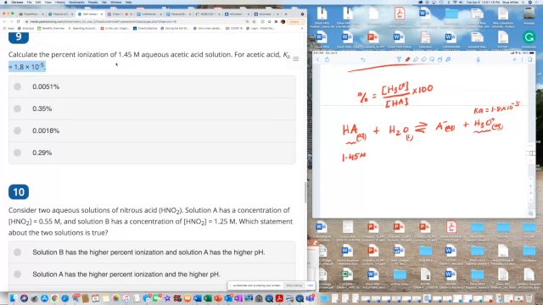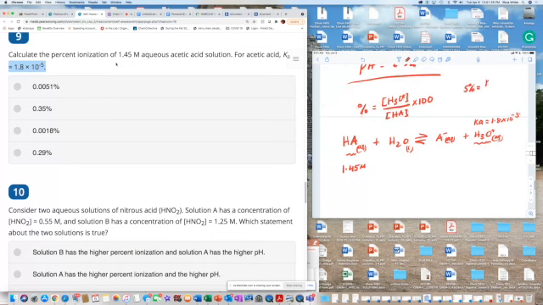Versus the 5% rule says take the Ka divided by the acid times 100. So I kind of confuse the two, but when I write it out, I'm less confused.